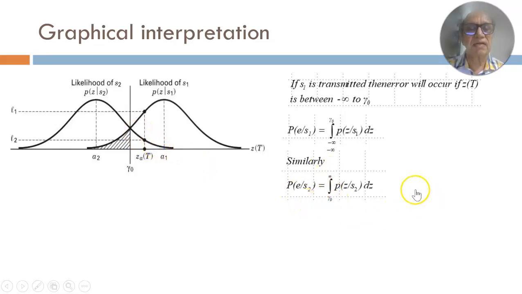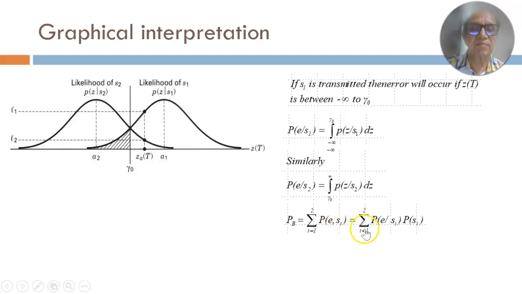So the bit error probability can be calculated as the sum of these two joint probabilities, because these are mutually exclusive events, so you can simply add them to calculate the net bit error probability. This is the joint probability that error occurs and either S1 or S2 is transmitted. By Bayes' theorem we can rewrite it in this form.